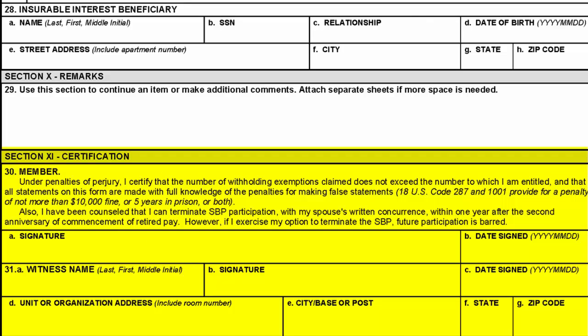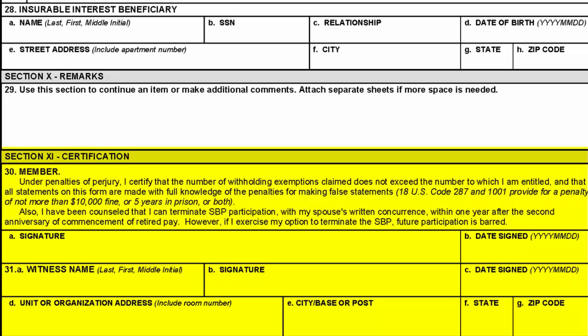At this time, you will need to get everything witnessed by a North Carolina National Guard member or a VA representative. They will fill their information out in Section 31. Witness's name in 31A, last name, first name, middle initial format. Witness's signature in 31B, the date they witnessed in 31C, year, month, day format.